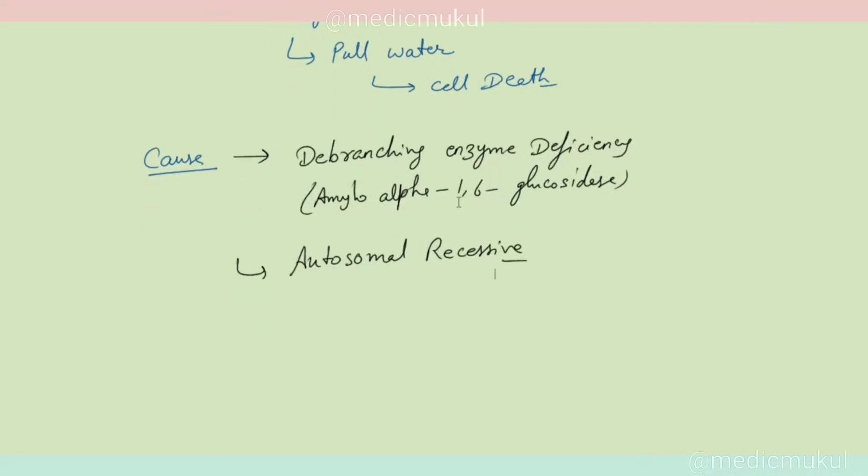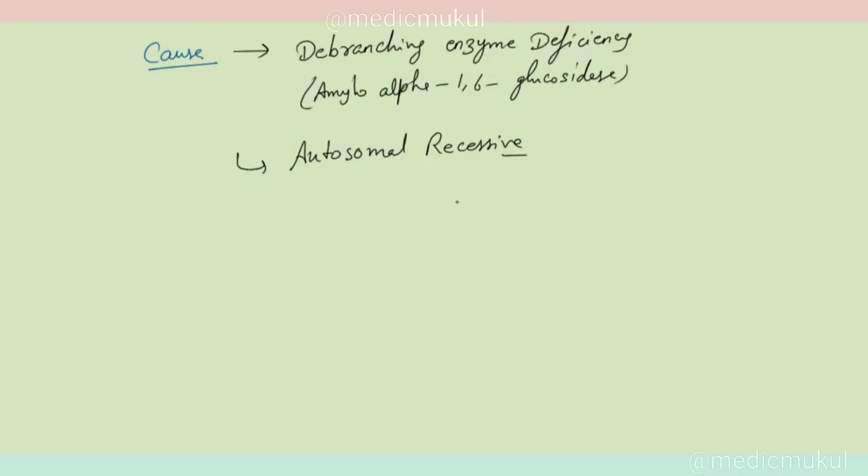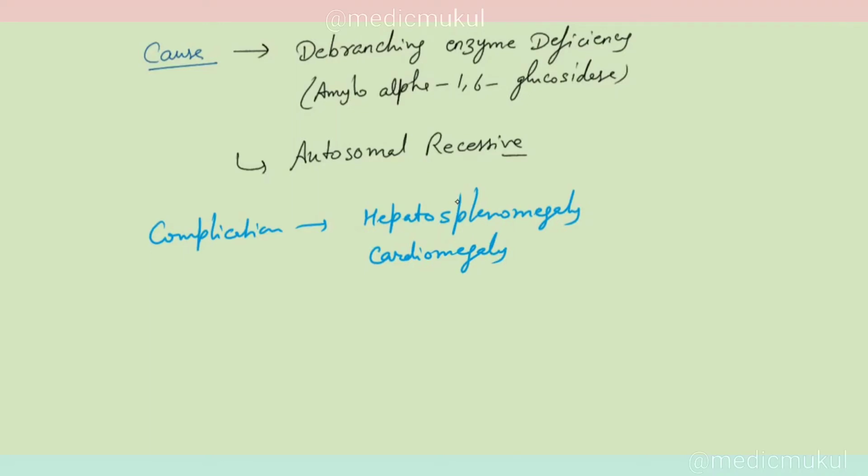Then what complications do we see? We see hepatosplenomegaly, cardiomegaly, and there can be liver failure. So all these complications or symptoms we can see in GSD type 3.